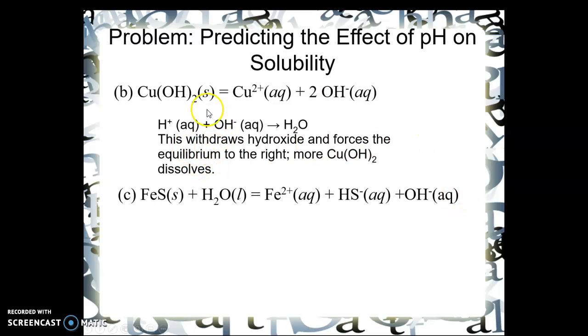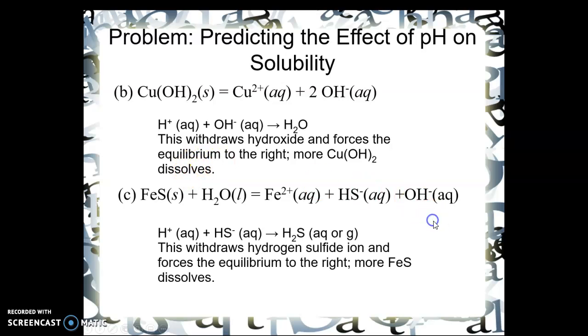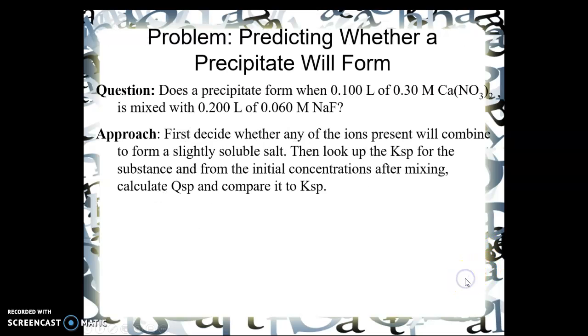So, yes, adding strong acid will take the hydroxide out and force more to dissolve. And here, both the hydroxide and the hydrogen sulfide ions will react with the hydrogen ions. And that means that more of the iron sulfide than we would expect with just water will dissolve in the acid.